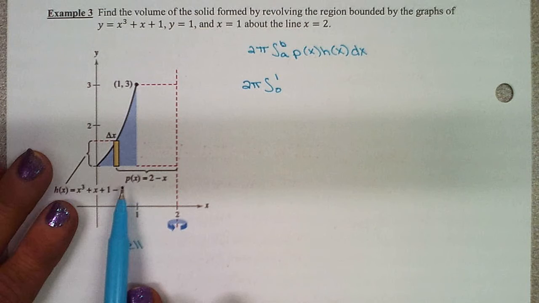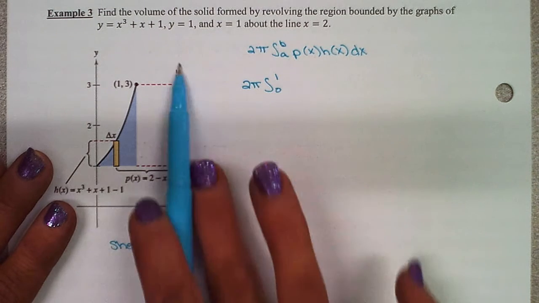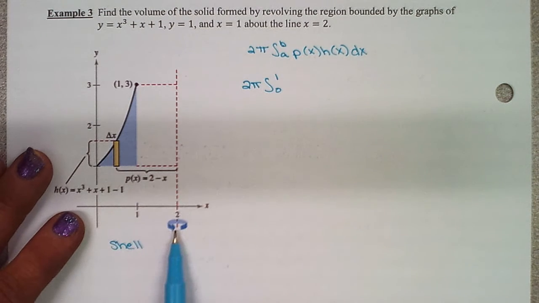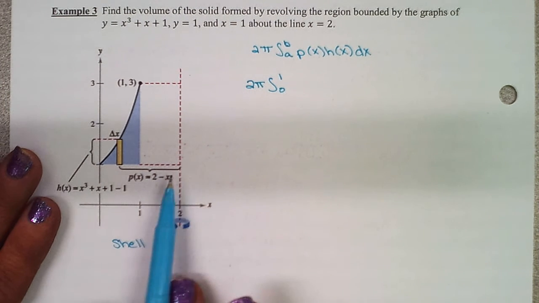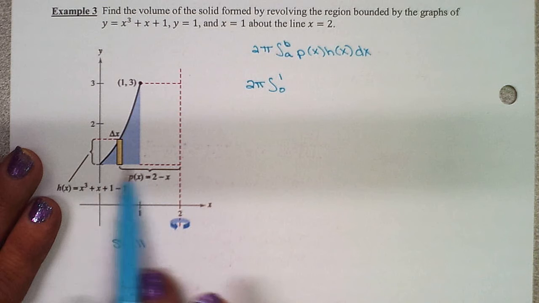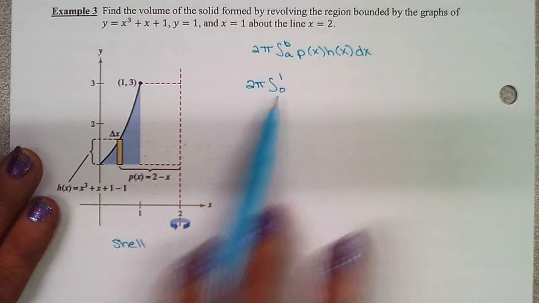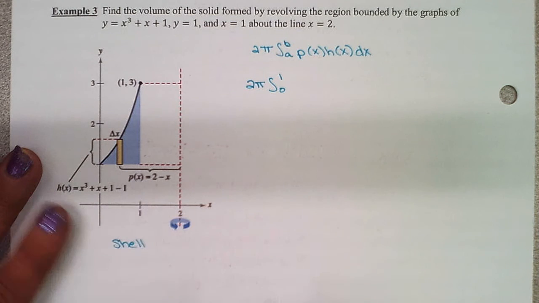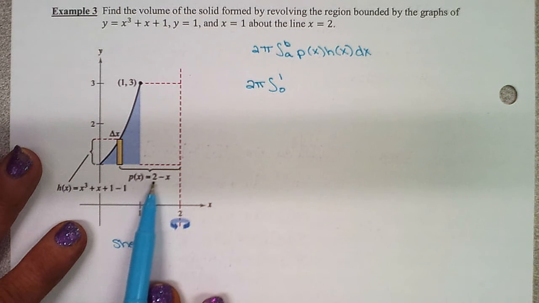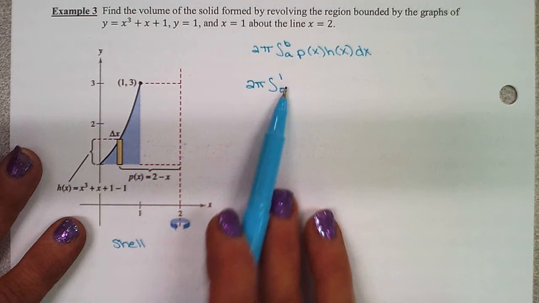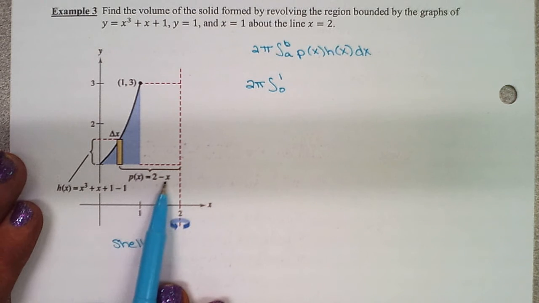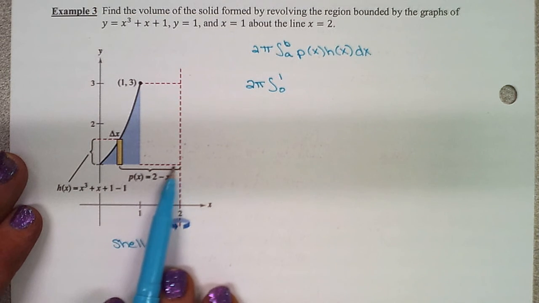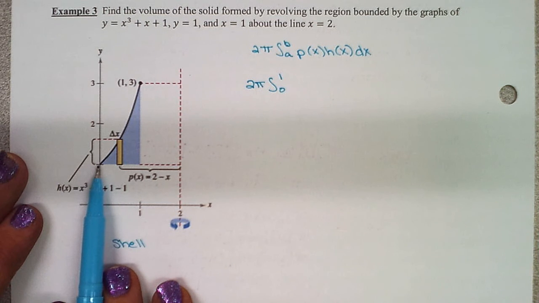We were talking about this P of X value and the fact that we're rotating about this axis here at X equals 2. So this P of X is going to be our distance away. Since we're integrating from 0 to 1, if I put 2 minus X, then when I plug in a 0, 2 minus 0 is 2, so I would be 2 away, which puts me back here at 0.